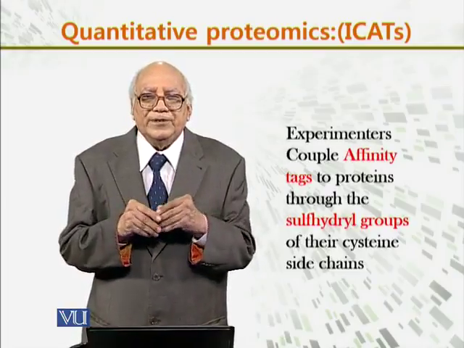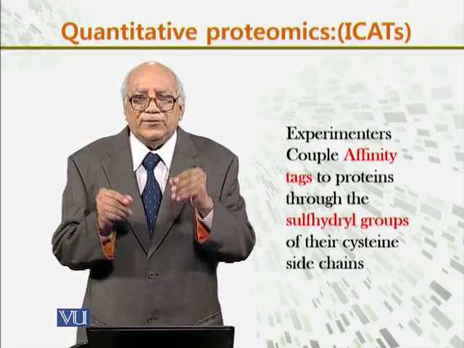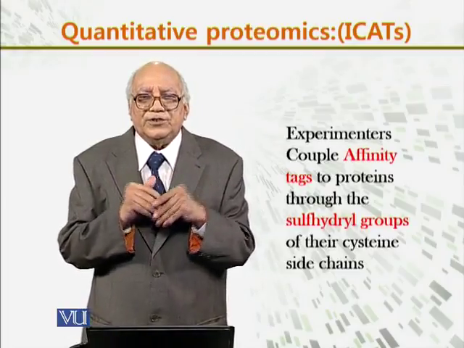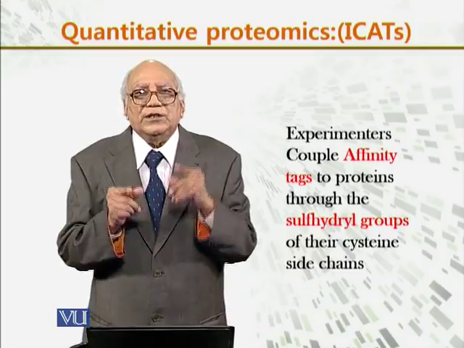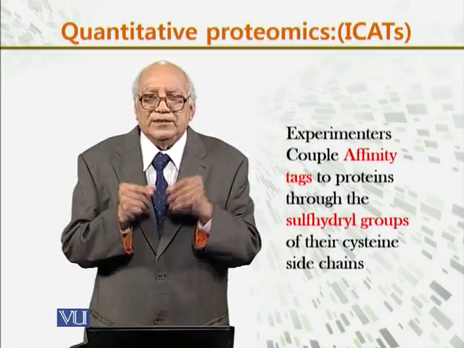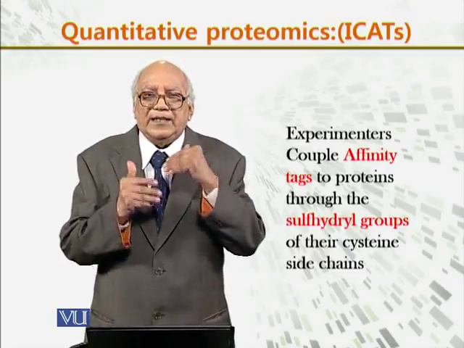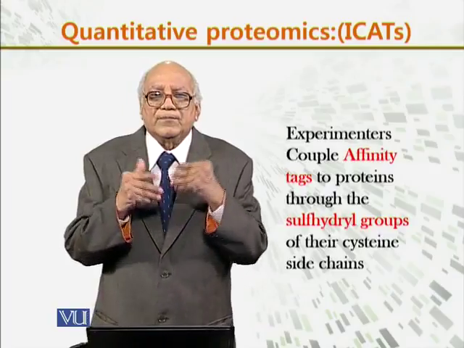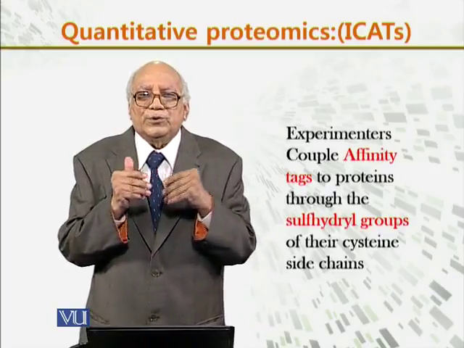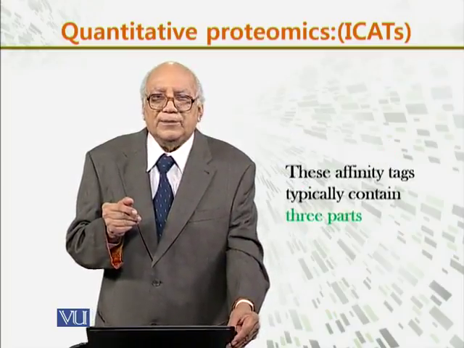They couple an affinity tag to protein through the sulfhydryl groups of their cysteine side chain. The sulfhydryl group of the amino acid cysteine, present in the side chain, is tagged to the different proteins with the affinity tags which are made.